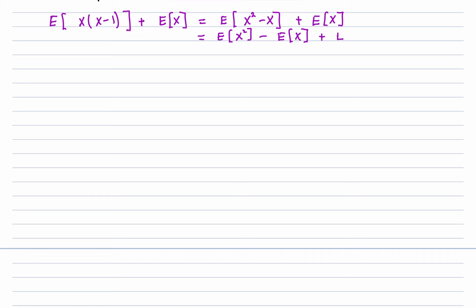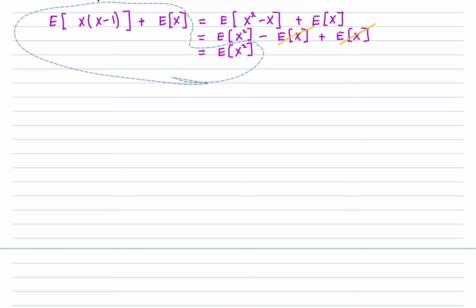And then of course we've still got the plus E of X at the end, and surprise, surprise, the minus E of X and the plus expected value of X cancel. And so we are in fact left with this expression as X squared.